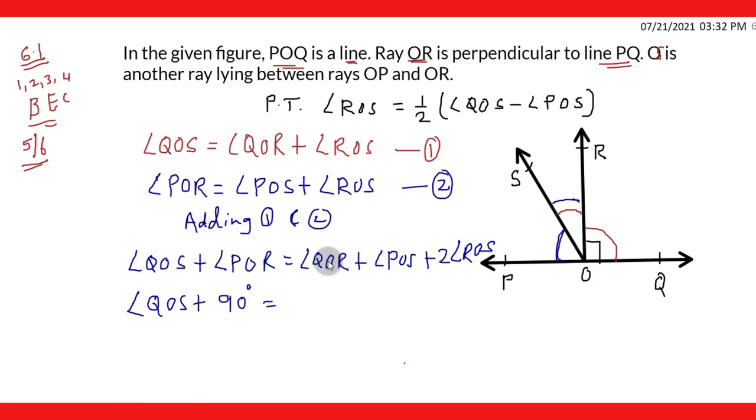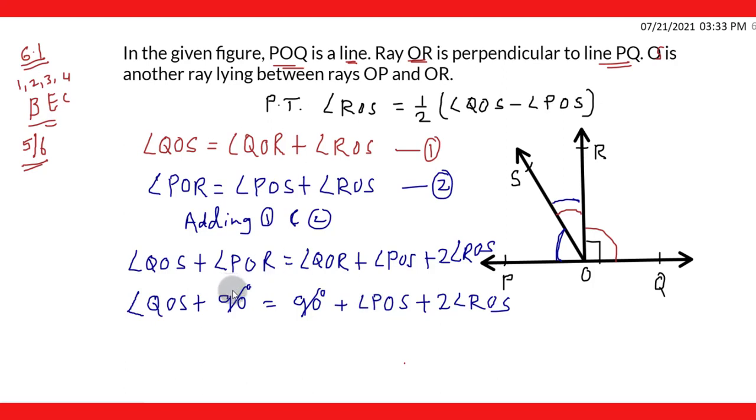which is equal to angle QOR. So this angle QOR is also 90 degree. So it will be 90 degree plus angle POS plus twice of angle ROS. Now this 90 and 90 will get cancelled. Now take POS to this side.